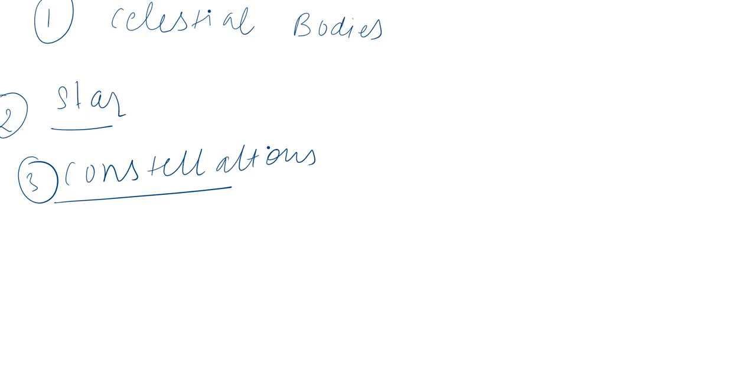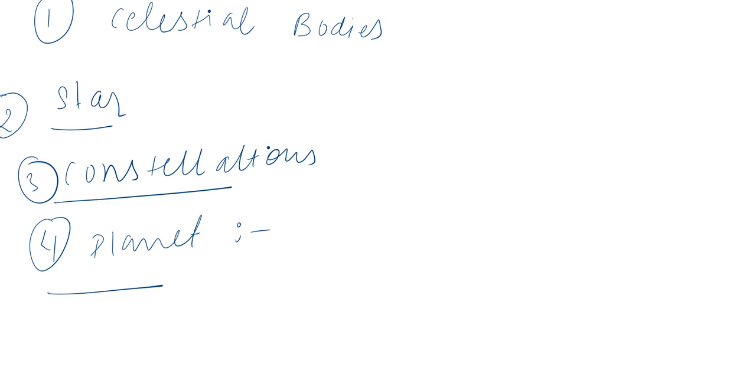The fourth definition which we have learned is the definition of the planet. A planet is a type of celestial body which does not have its own heat and light, and it appears as a shining object because it is lit up with the help of a star.